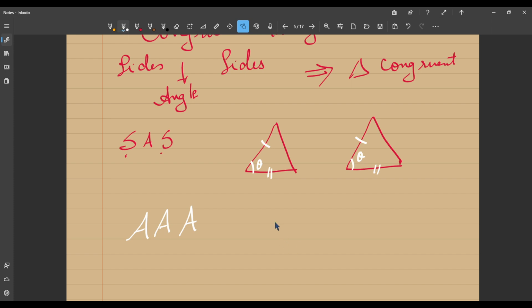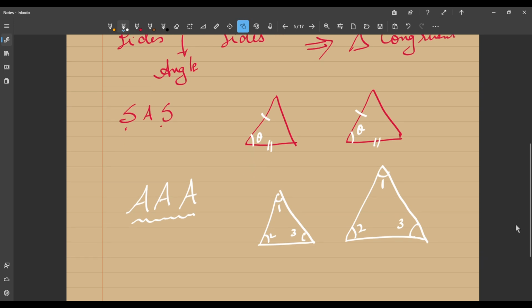Let's assume a case where I draw one triangle here and call the angles 1, 2 and 3, and I have another triangle where the angle corresponding to angle 1 is also angle 1, this is angle 2 and this is angle 3. The measures of the angles are the same. Can I say that these two triangles are congruent?